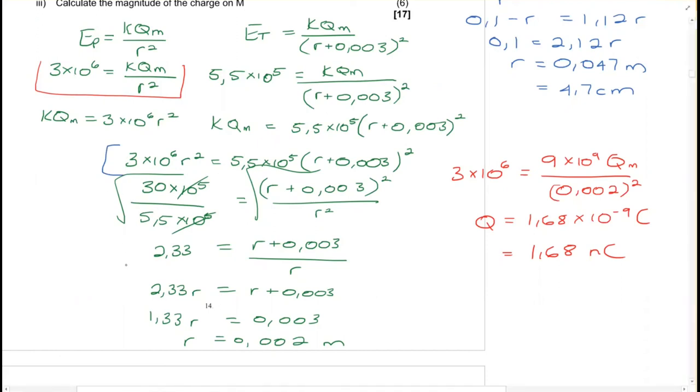Just ignore everything and give yourself an answer. So let's say r is equal to 0.001. It doesn't matter. Just give yourself an answer to use, because then at least you can get some method marks. You still won't get the final answer mark, but you can get some method marks for substituting that value back in.